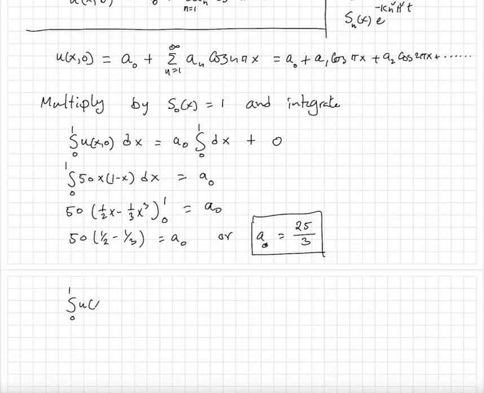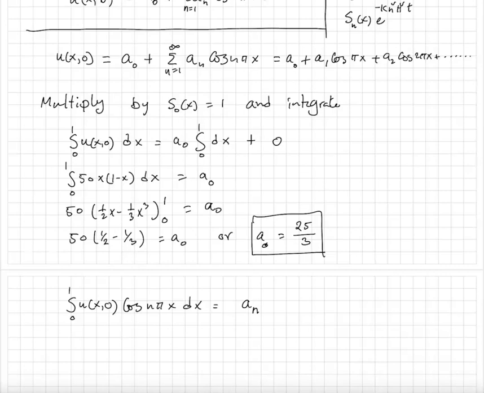So u(x,0) cos n pi x dx on the left hand side, and on the right hand side obviously we'll be looking for n from 1. So the first term will be 0, and then from the second term onward, one term will survive for each value of n.